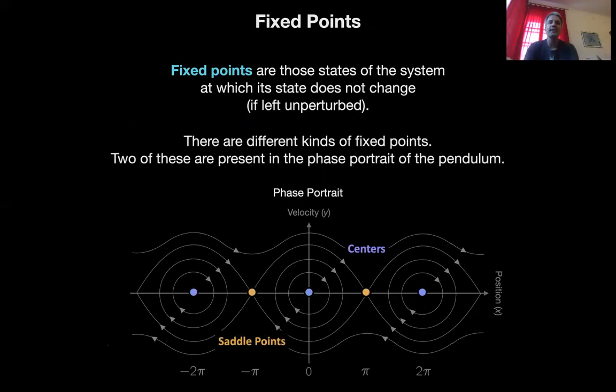And there are different kinds of fixed points. In the case of the pendulum, we have two different fixed points in the phase portrait of the system. We have centers here. They correspond to the pendulum being at the bottom, its equilibrium position, at the lowest point of its trajectory. But there's another fixed point, a saddle point, which is at the top.